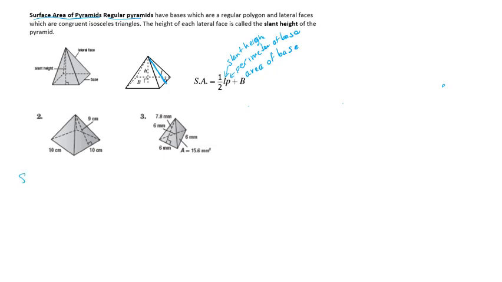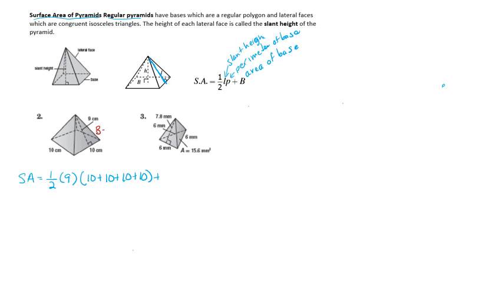So if I'm going to find the surface area of this square pyramid, it's 1/2 the slant height, which is 9, times the perimeter, which is 10 plus 10 plus 10 plus 10, plus the area of the base.